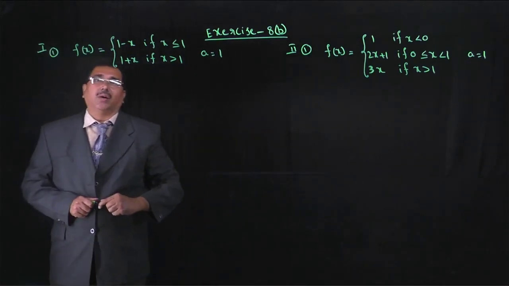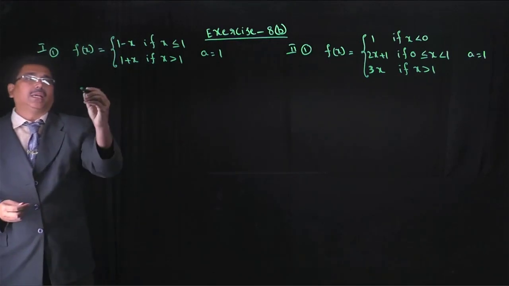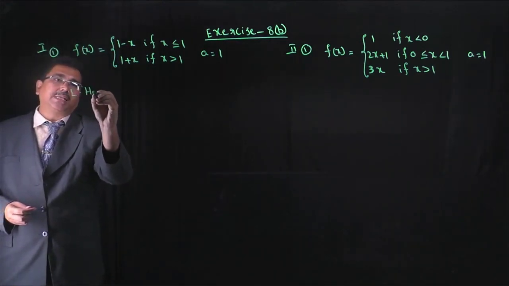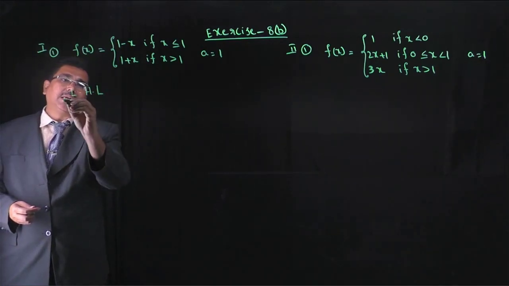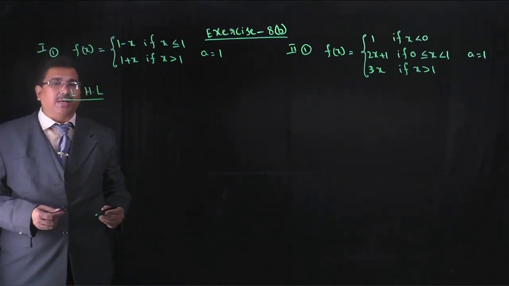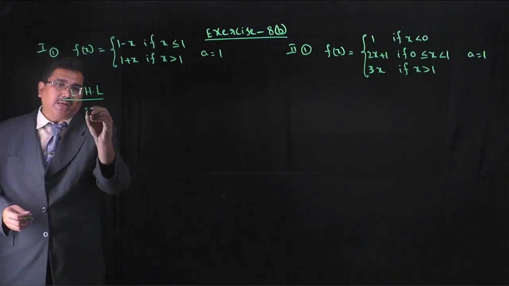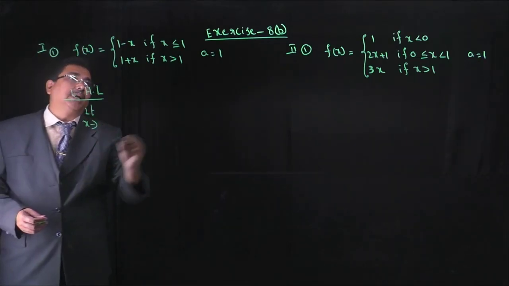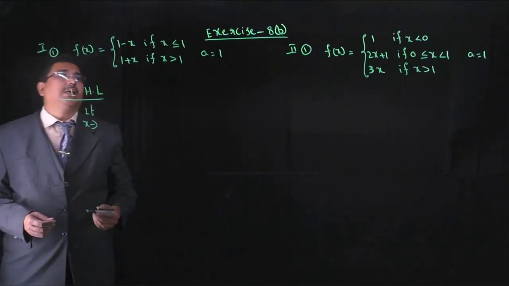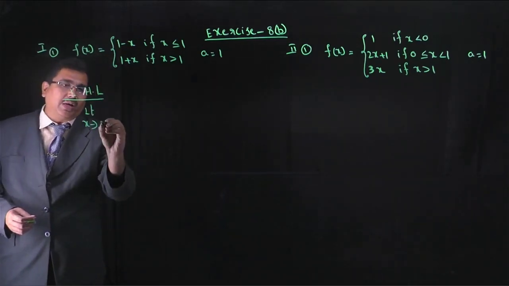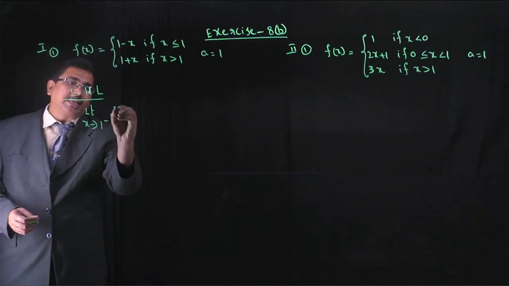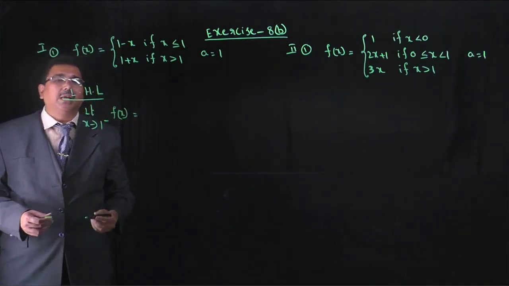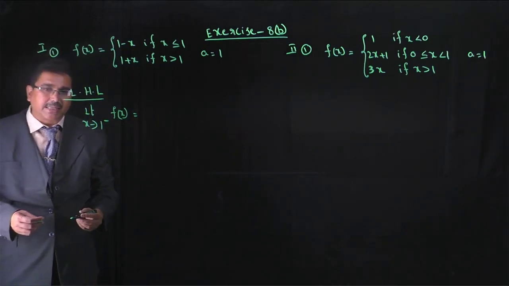Now, left hand limit can simply be written as LHL. LHL is called left hand limit. Limit x tending to 1 minus of f of x, where a is equal to 1, that is the left hand limit at x equal to 1.